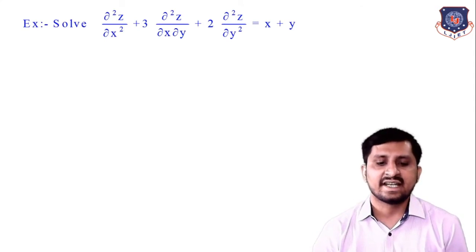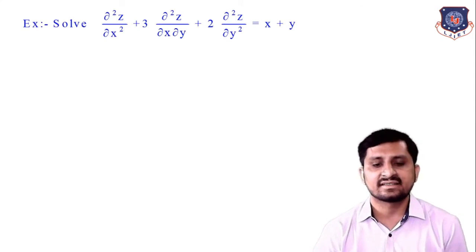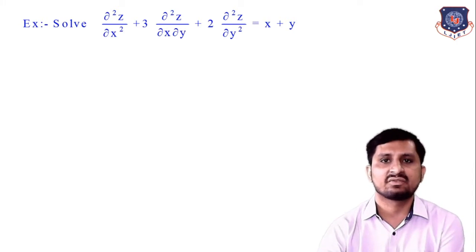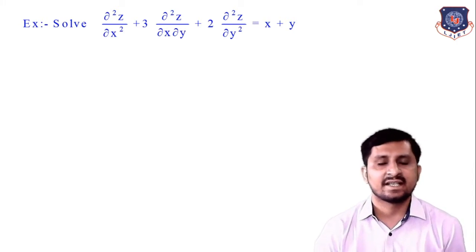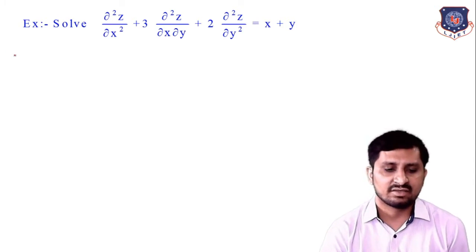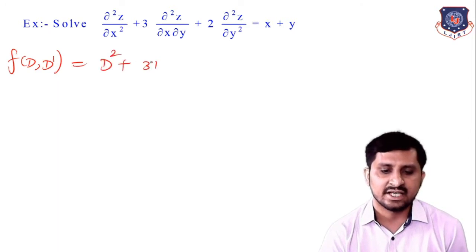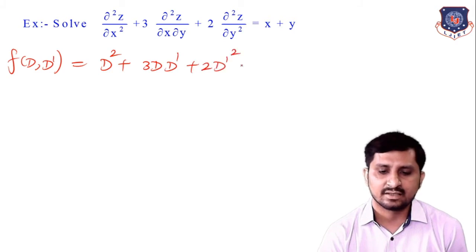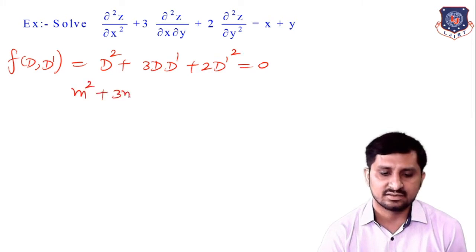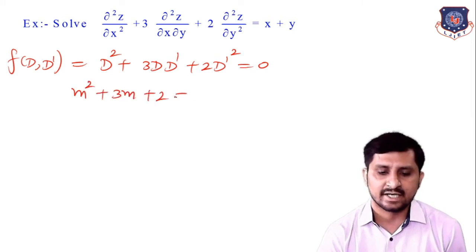Del square z by del x square plus 3 del square z by del x del y plus 2 del square z by del y square, equal to x plus y. As you all know, first we have to find the complementary function. So what is our function? F of D, D dash equals D square plus 3 D D dash plus 2 D dash square equal to 0. So m square plus 3m plus 2 equal to 0.